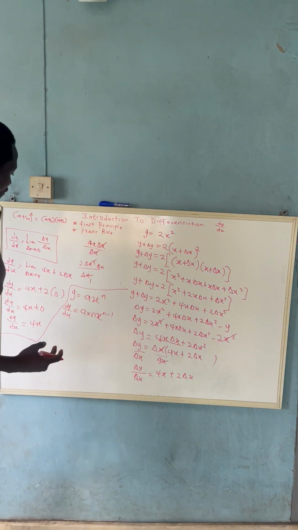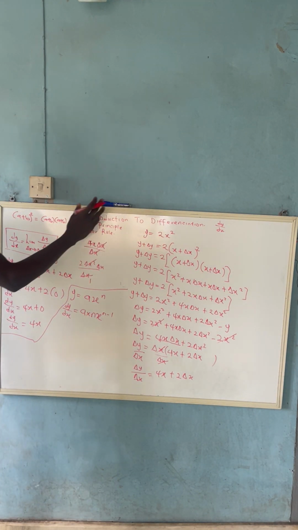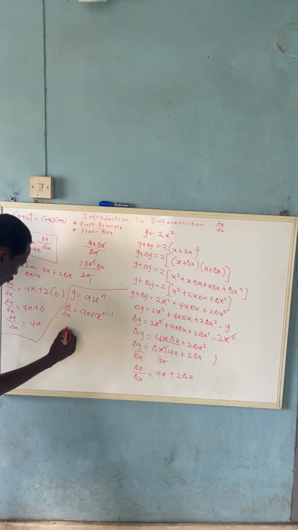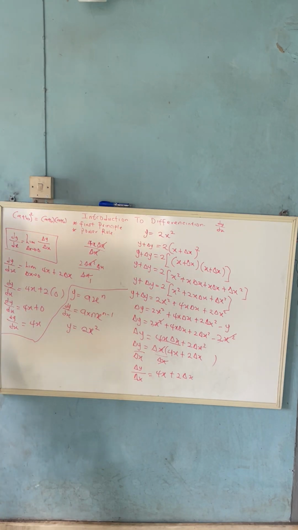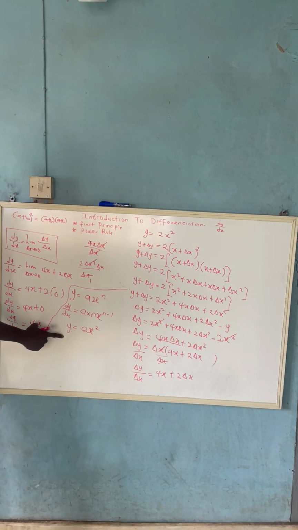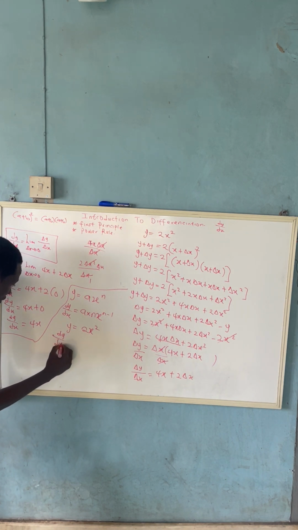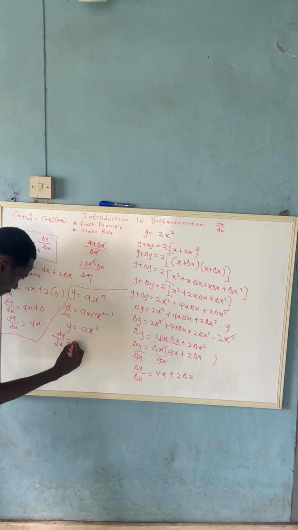And what do we do in this case now? So let's use the power rule to resolve this question instead of wasting our time using the first principle. Since our function is y is equal to 2x raised to the power of 2, what will be our dy over dx using the power rule? We are going to have dy over dx is equal to 2 times 2. 2 times 2 is what? 4.